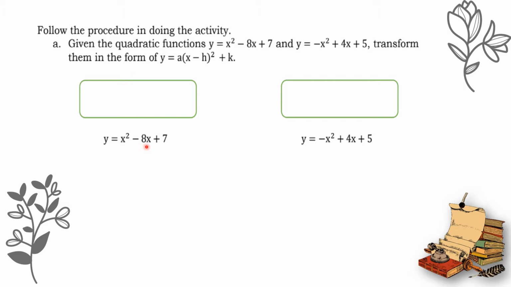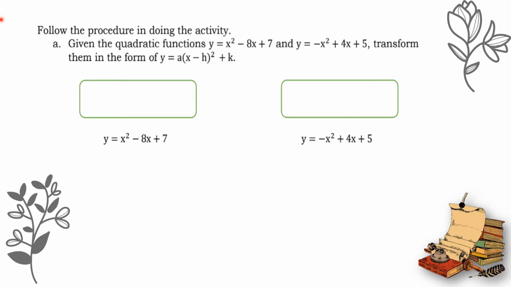So in order for us to transform this one into its vertex form, we have two solutions. So pipiliin ko ng solution is yung may formula. The second one, last meeting.